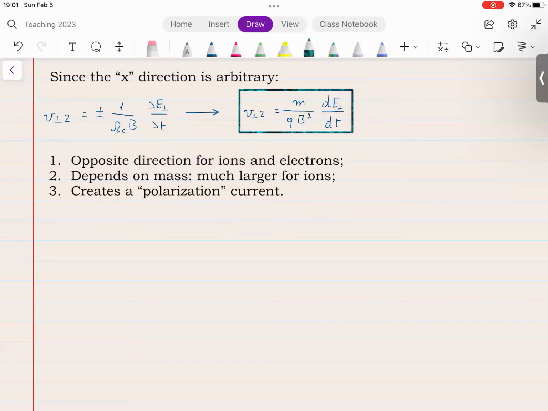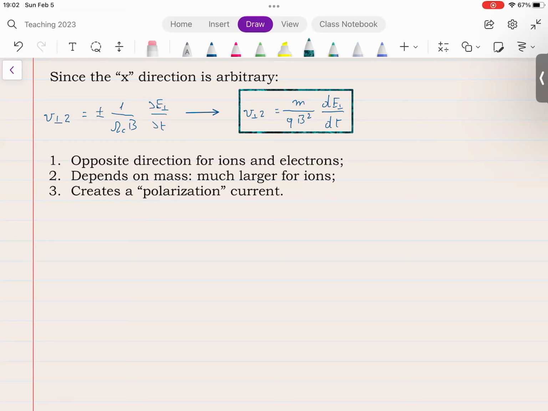Okay, to this point, we have learned, hopefully, but at least we have talked about a lot of things, considering the motion of a single particle in a magnetic field, with or without an electric field, with or without time variations, space variations, and so on.